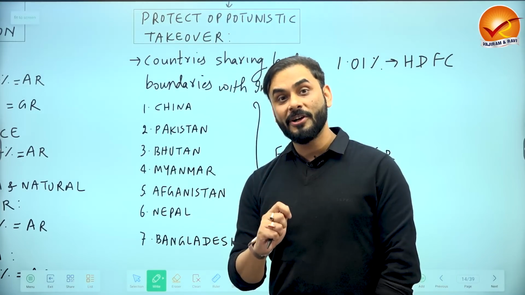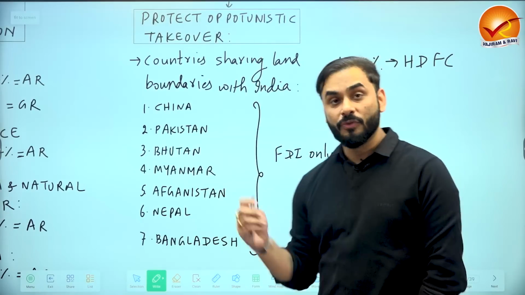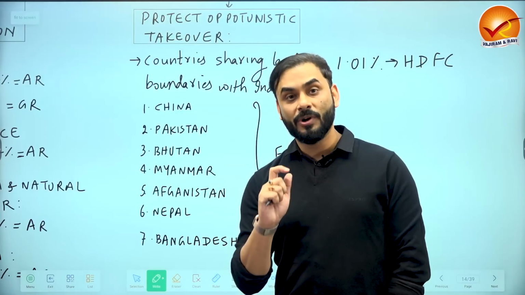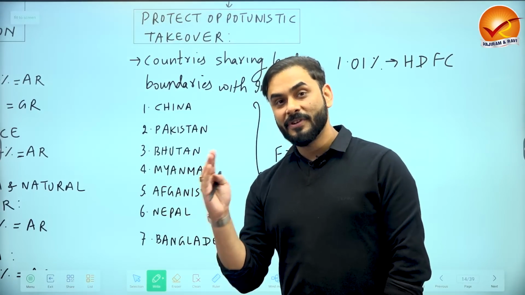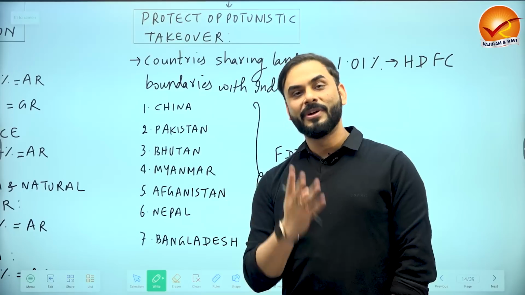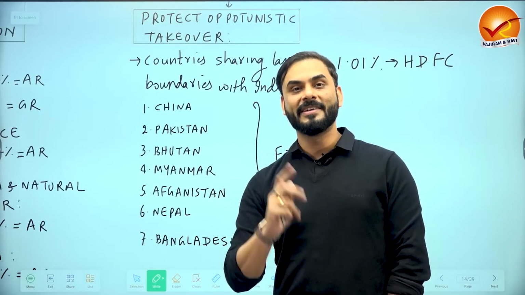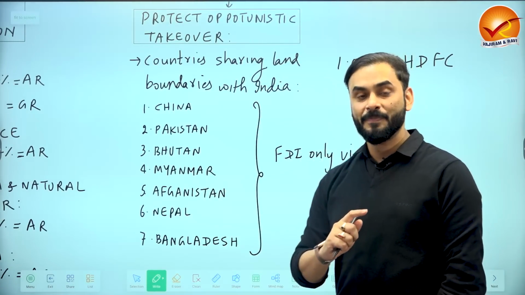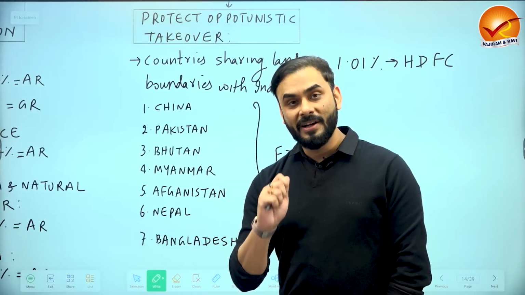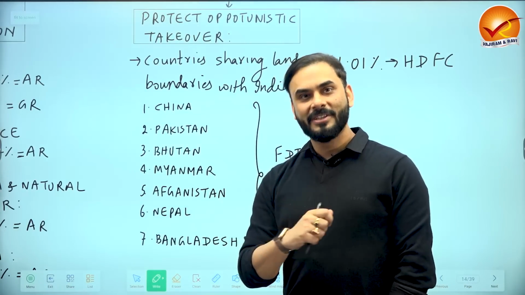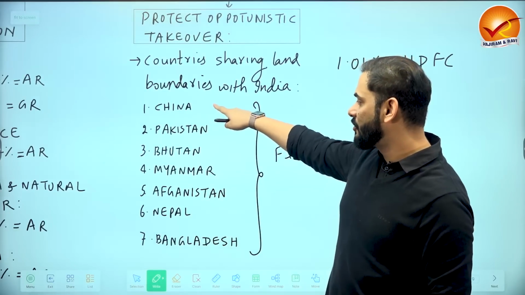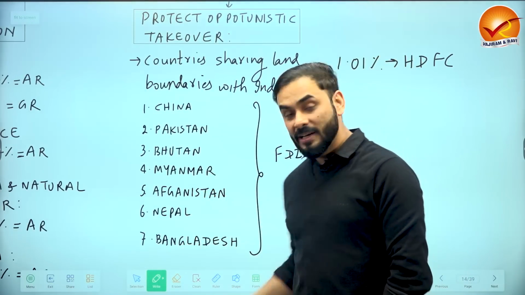Government of India wanted to prevent opportunistic takeover of Indian companies. Government did not want that during the period of slowdown and crisis, Chinese investors should come to India and start to buy equity shares, which means start to control Indian companies. So what did Government of India do? Government created a new rule whereby government said, if you are a country which shares land boundary with India, and how many countries share land boundary with India? 7. Look at these please: China, Pakistan, Bhutan, Myanmar, Afghanistan, Nepal and Bangladesh.